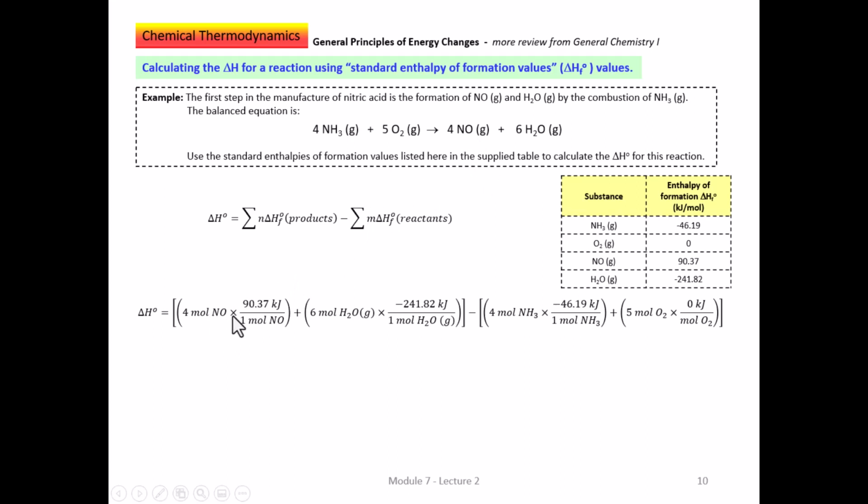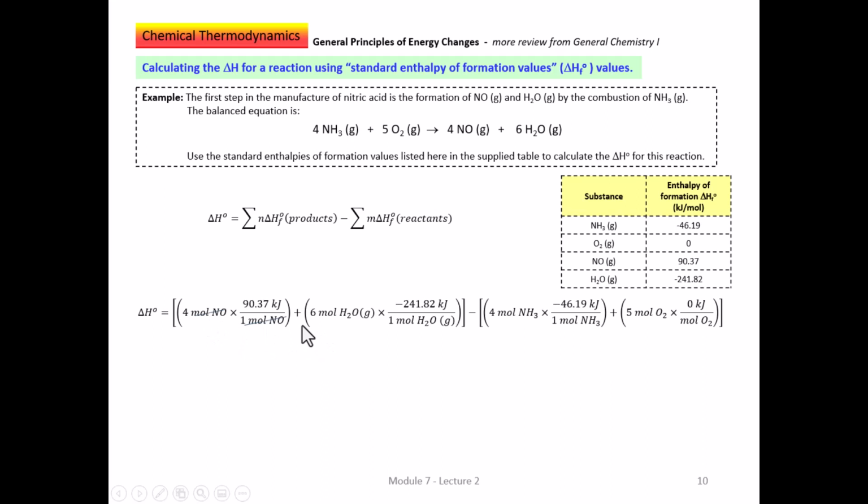and multiply from this table that for NO gas. I forgot to put the state symbol there. And I guess I slipped up over here too. I might have done this because I ran out of room. I'm going to multiply by 90.37 kilojoules per mole of NO. And of course, moles of NO cancel.